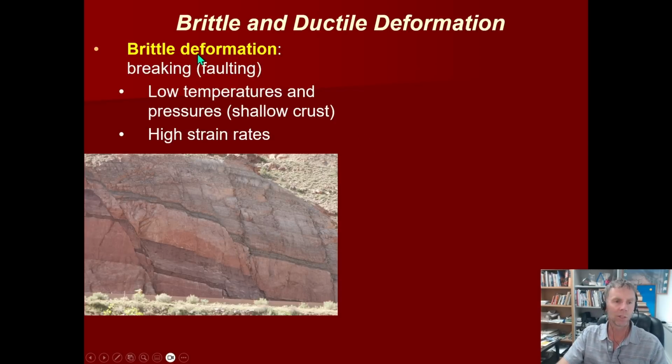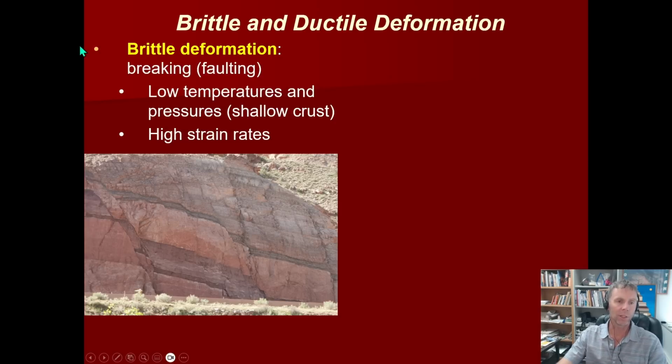We have what's known as brittle deformation, where the rock breaks, and brittle deformation is manifested as cracks running through the rock where there's offset, what we call faults. We're going to spend some time in future episodes looking at faults, and then eventually we'll look at what faults produce in terms of things at the surface that can affect humans, and that's earthquakes.